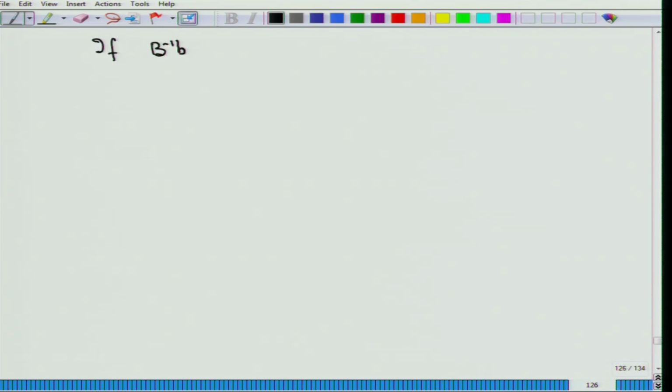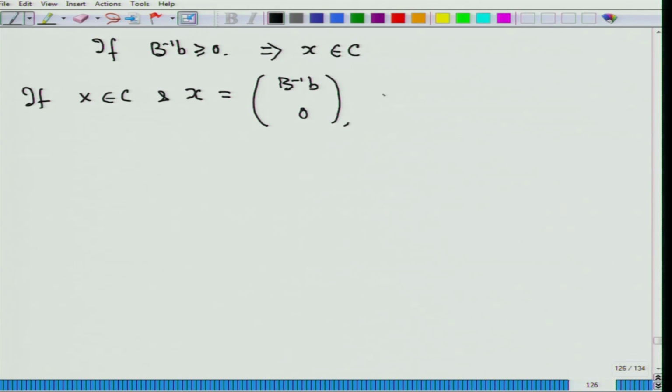Now, if B^{-1} b is greater than or equal to 0, it implies that x is a member of the feasible set C, because it satisfies Ax = b and x ≥ 0. So, if x is an element of C and x is written as [B^{-1} b; 0], then x is called a basic feasible solution.